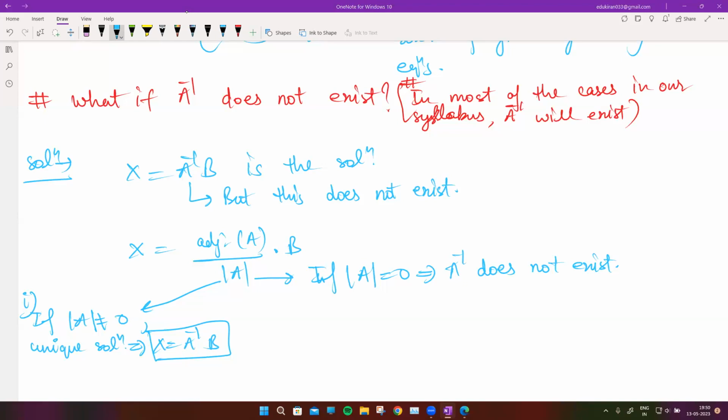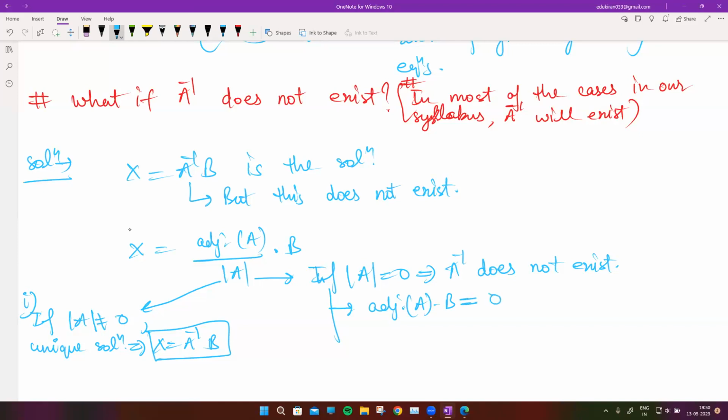If the determinant is 0, first of all, A inverse does not exist. So in place of A inverse, we have written this adjoint of A divided by determinant of A. If that determinant is 0, then we have 0 in the denominator. Now we will check what our numerator is. So this gives us two cases. You will have to check adjoint of A into B. This whole multiplication of adjoint A with B, you will have to find out.